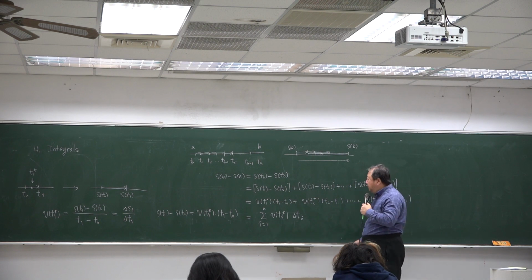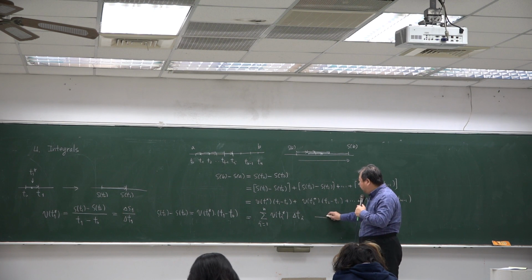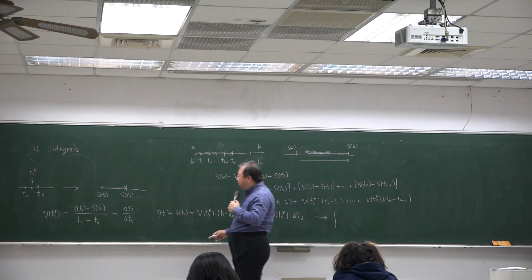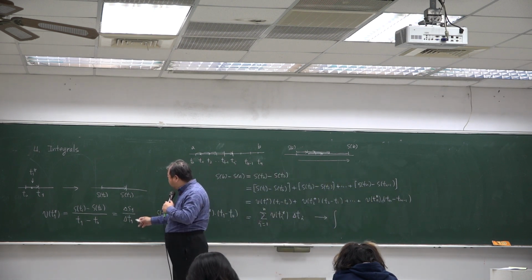In fact, if n goes to infinity, we use this notation. Just like before, if passing the limit, then we say this is ds/dt. d stands for limit.